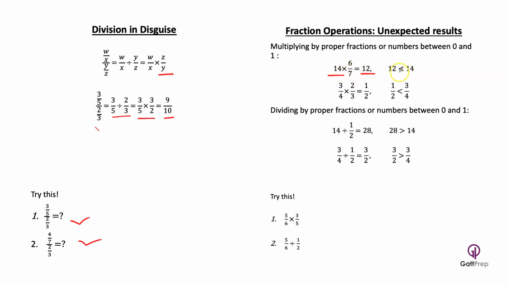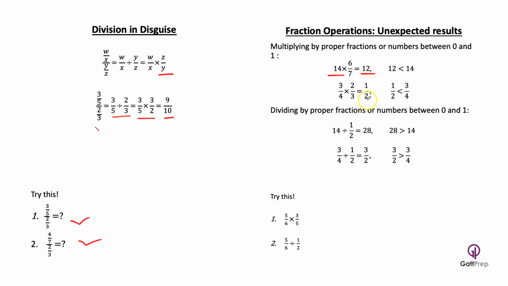You see, so 12 is less than 14. And similarly, we can also look at pure fractions. 3 over 4 times 2 over 3. Multiplying this number 3 over 4 times 2 over 3, and then we arrive at half.